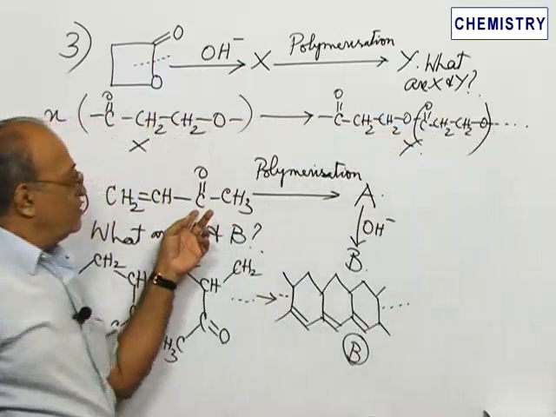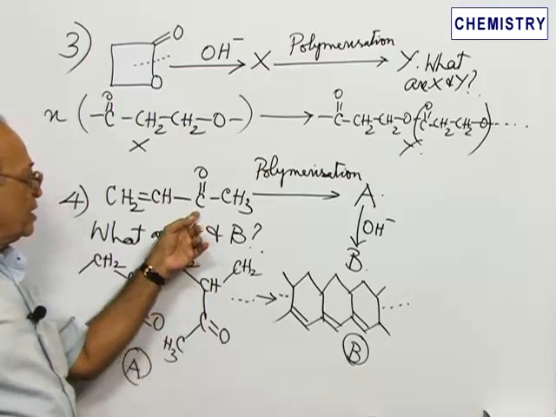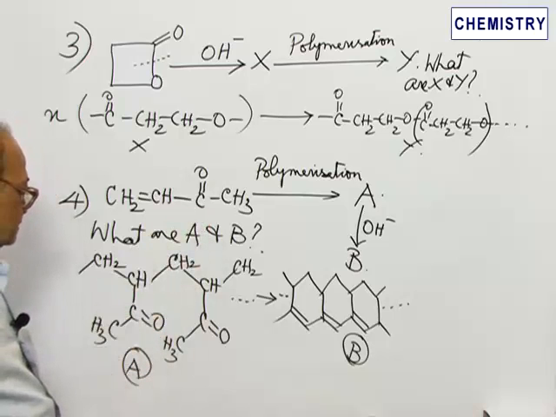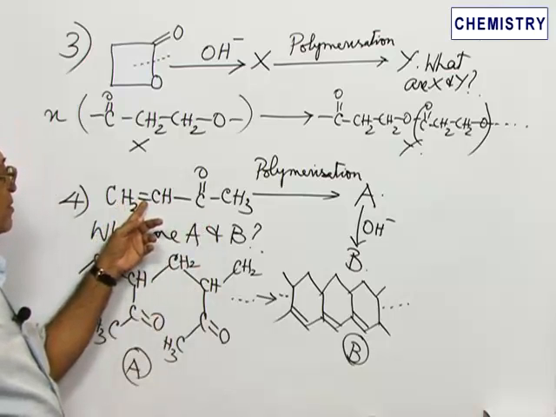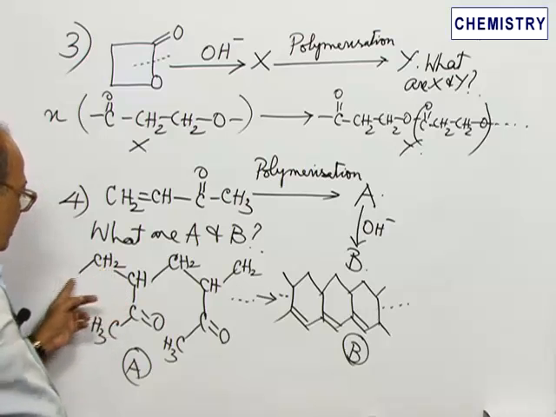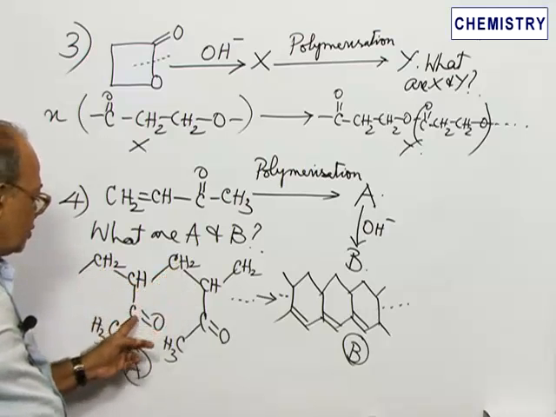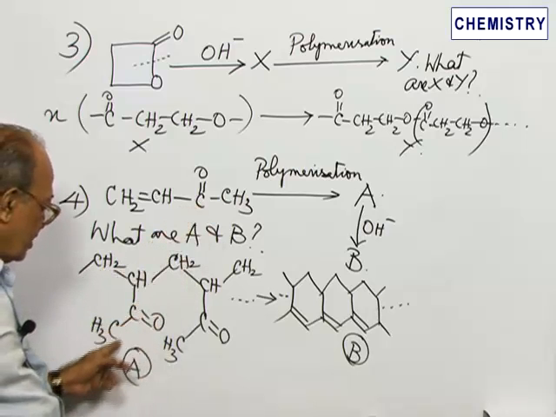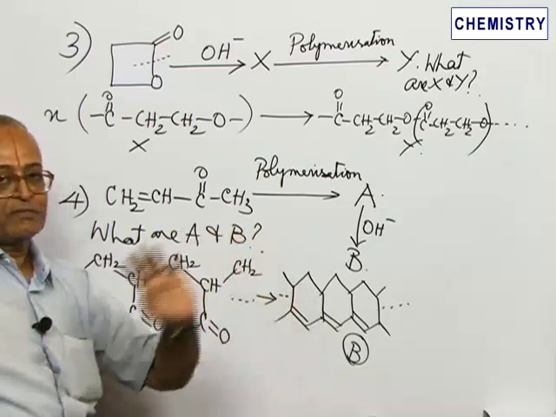Now let us consider if this ketone undergoes polymerization reaction, we find this bond breaks up. So CH2, here single bond, CH, CH2, CO, CH3 I have written here, another CH2, CHO3 like that.